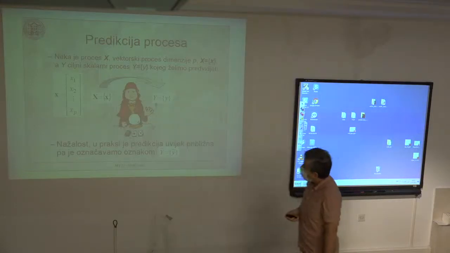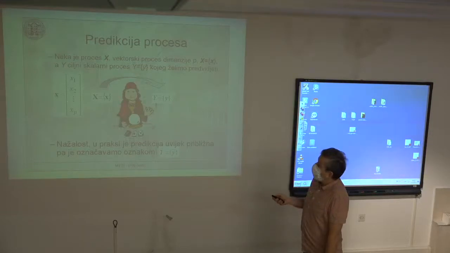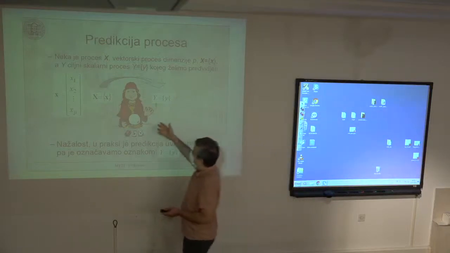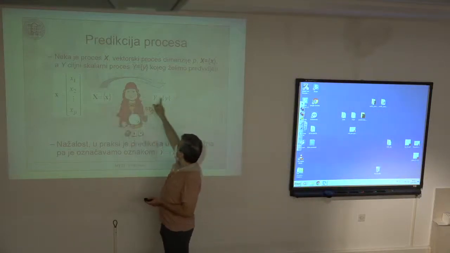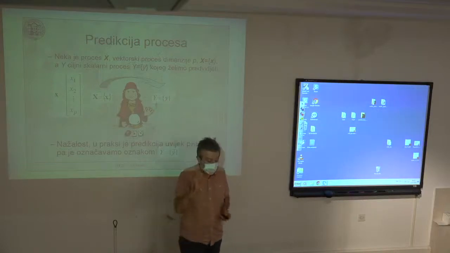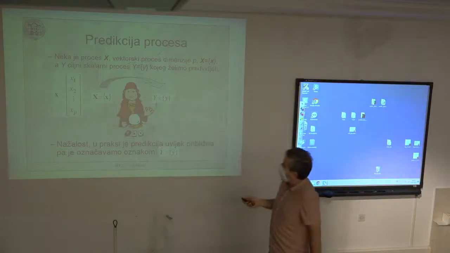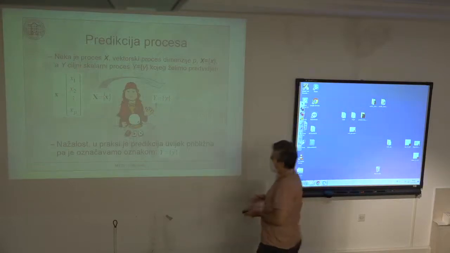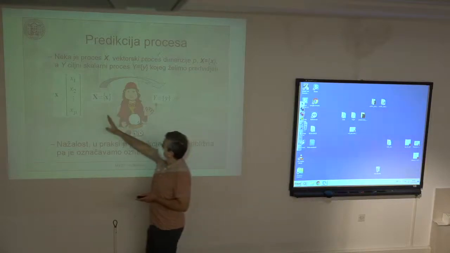And of course, if I have only a single source vector and a single scalar target value, I can easily construct a predictor that will predict this particular value from one input vector. But I don't have only one pair, one source vector and one target scalar value. I have infinitely many such pairs.